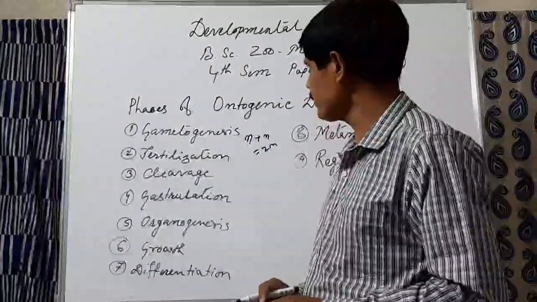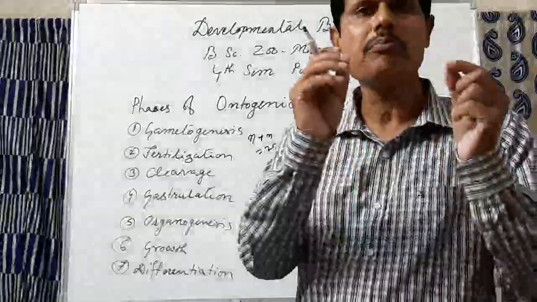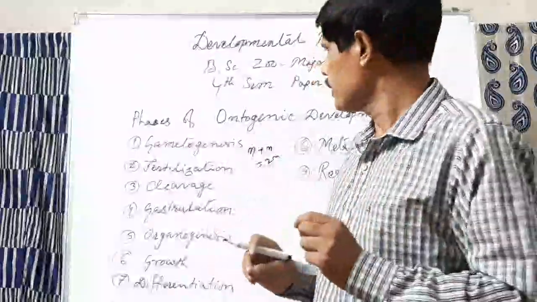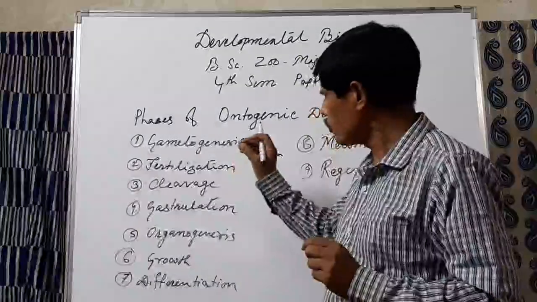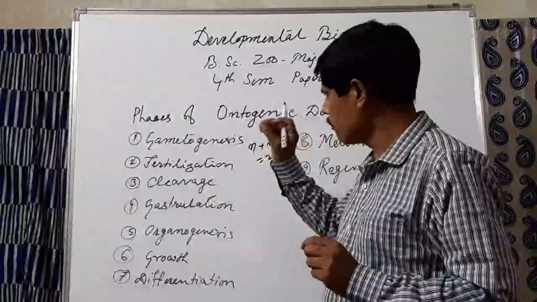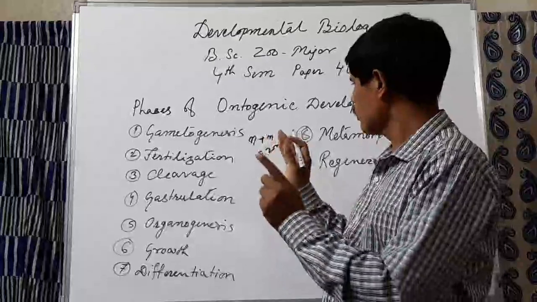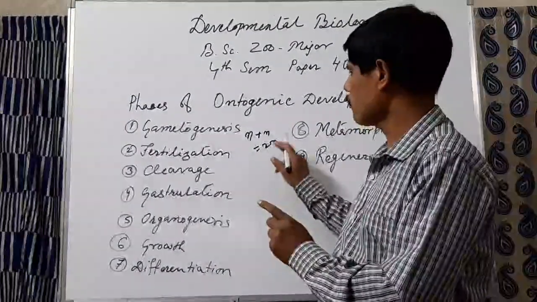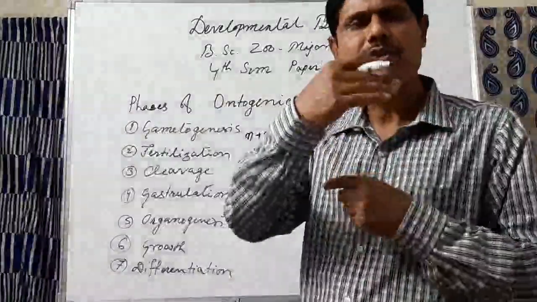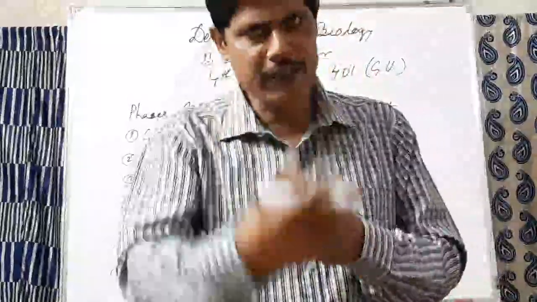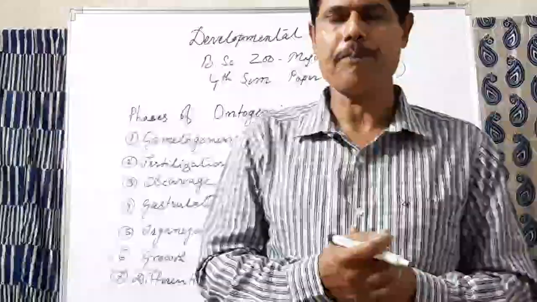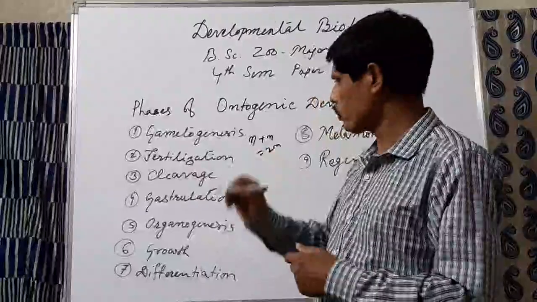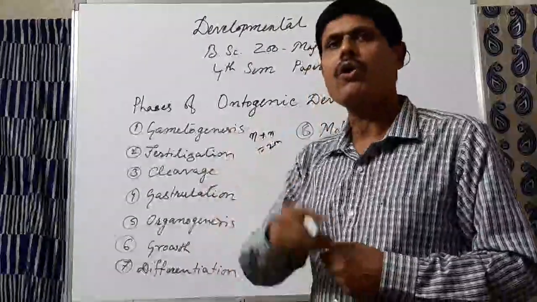That means fertilization is the fusion of male and female sex cells or gametes. This is not merely a doubling of the chromosome number, that is formation of diploidy, but also the activation or rejuvenation of the entire system. That means from fertilization, the next processes are started or geared up.